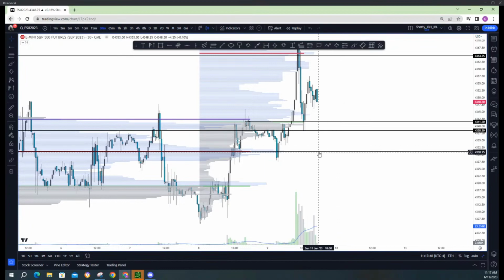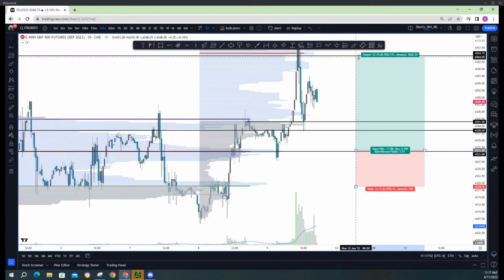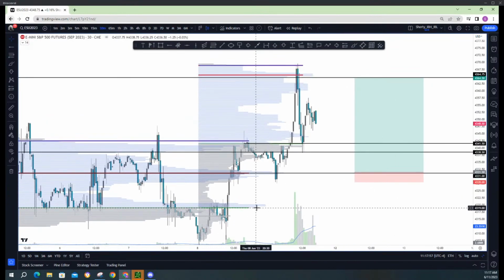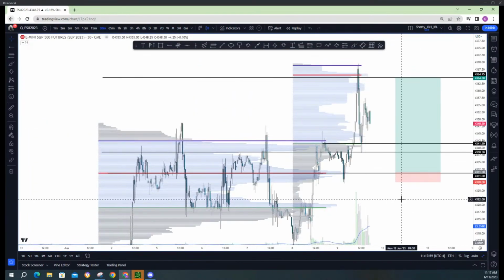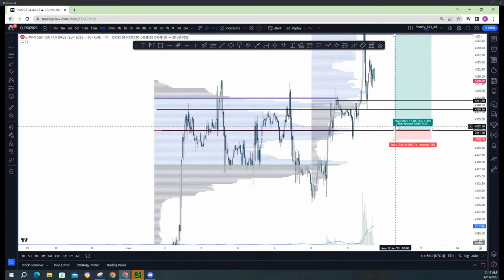Yes. Are you going to catch a bounce from here to go to 43.64? No way. And that's the expectation of the trade. If I play a trade from here and I'm expecting this to work, there's no way. But you can expect it to work on the next line.